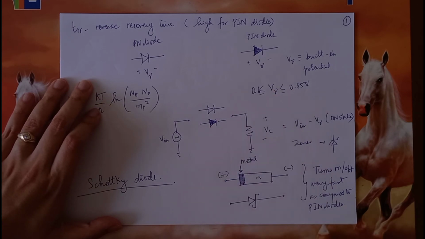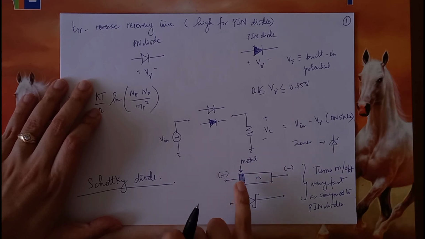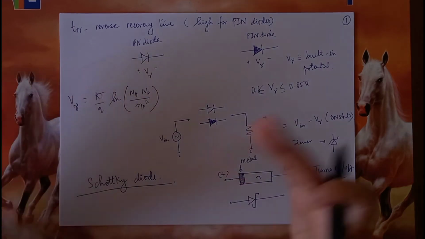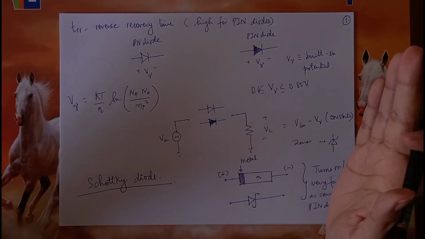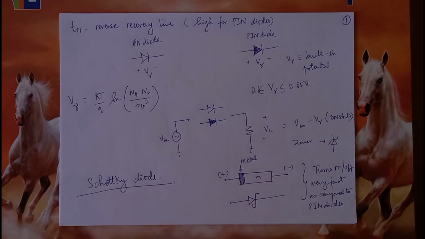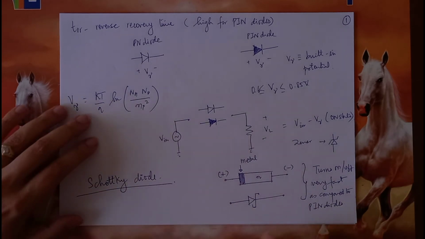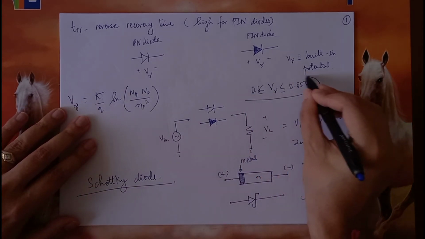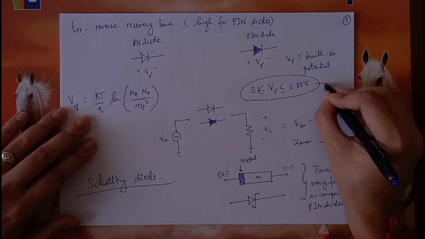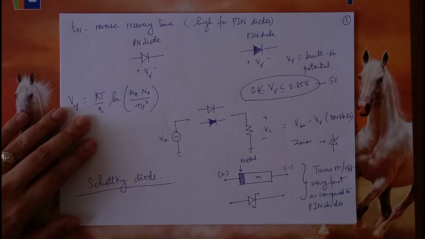The other advantage of the Schottky diode is that because this is a metallic layer, the built-in potential or the V gamma is comparatively lower, because this is already a conducting layer. So if the V gamma for the silicon diode is in this range, the V gamma for the Schottky diode is even lower.